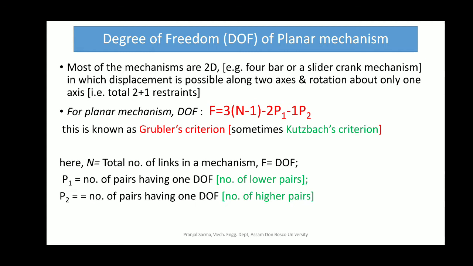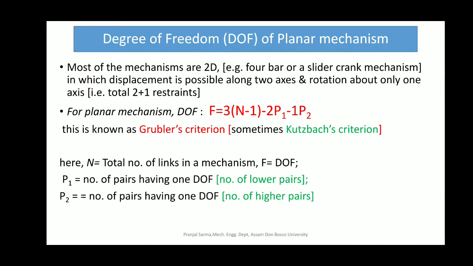If grounding is there at 4 positions, everything will be 1 1 1 1 only. All those links will be numbered with one same number, not 1 2 3 4 as four different links. You have to remember that. Similarly, you should be able to find out how many higher pairs or lower pairs are there.